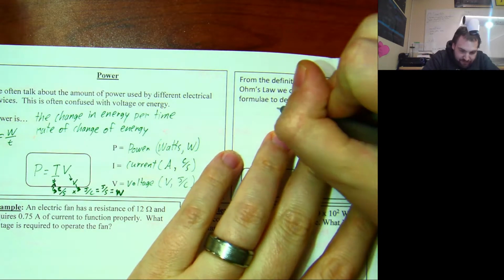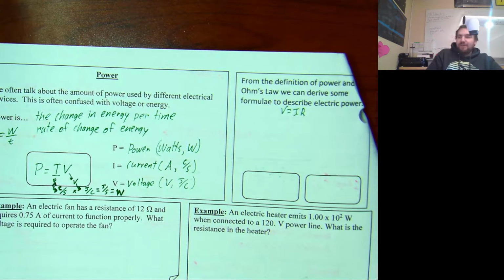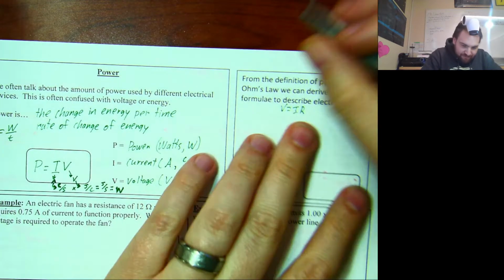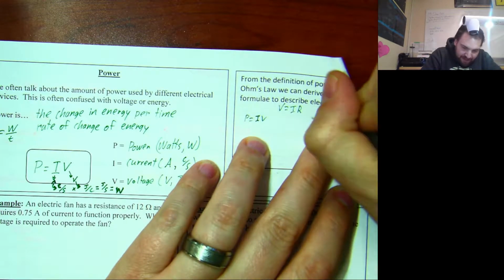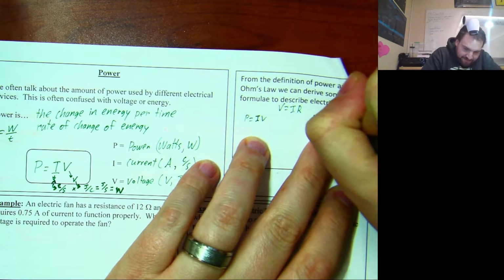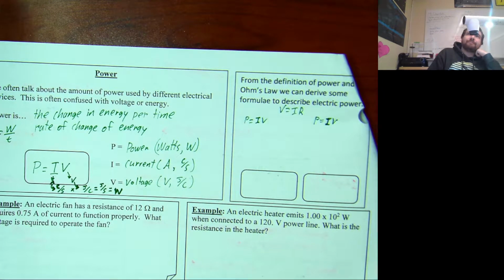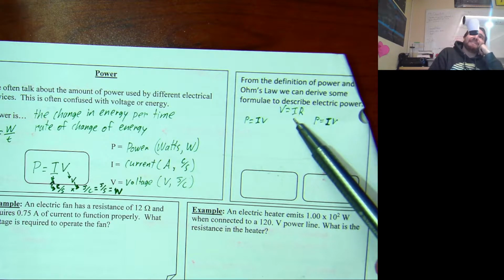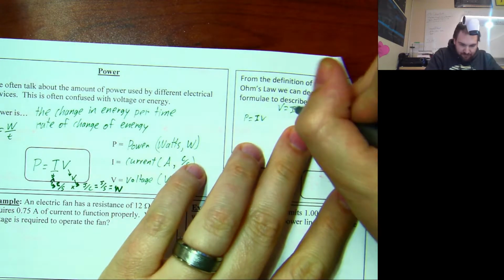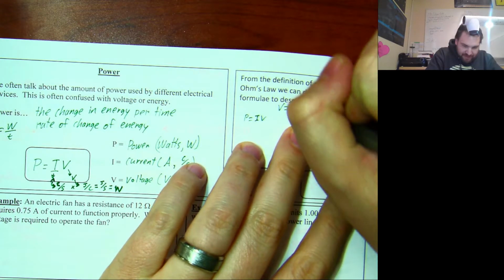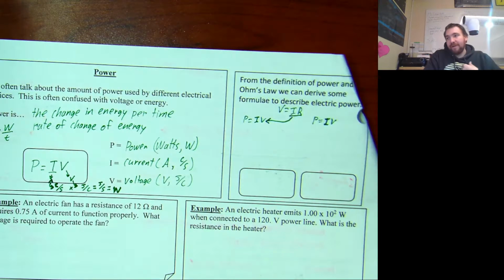So I take V equals IR, and P equals I times V. If I take this expression and substitute it over here for V, what am I going to get?